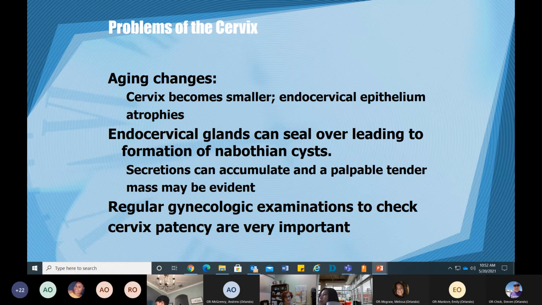Well, those glands can seal, and if they're not able to release their fluid, they'll have what they call Nabothian cysts, which can be very painful and tender, so they usually have to be lanced and drained. We recommend regular checks for our older patients until they reach a certain age.